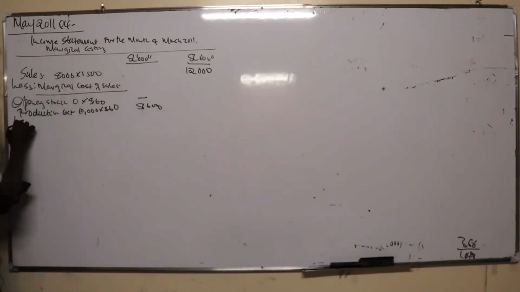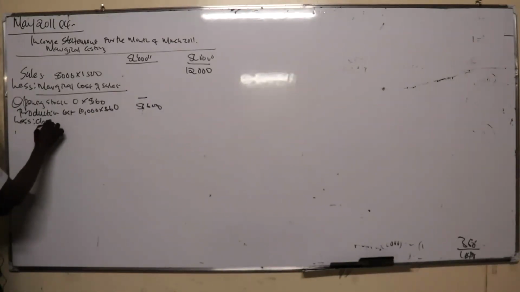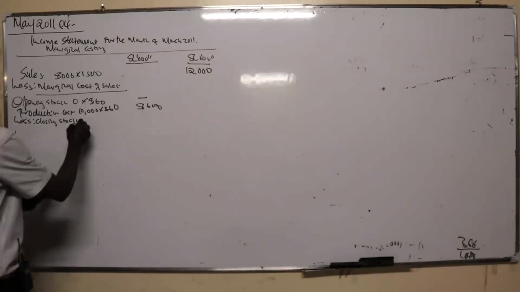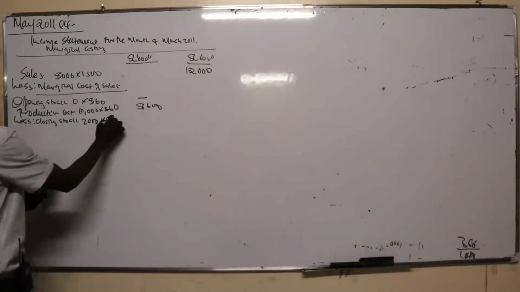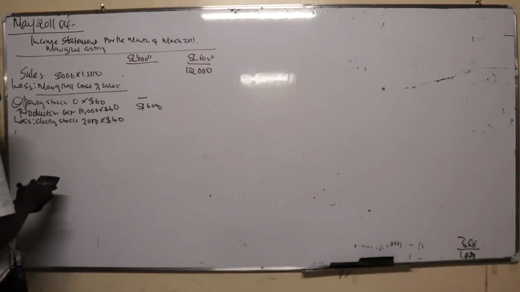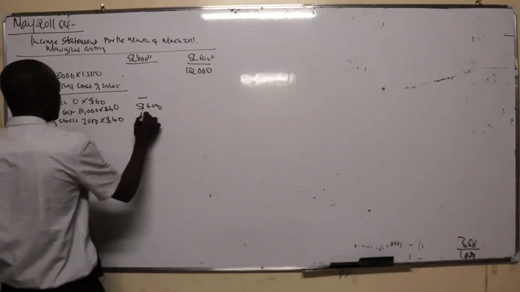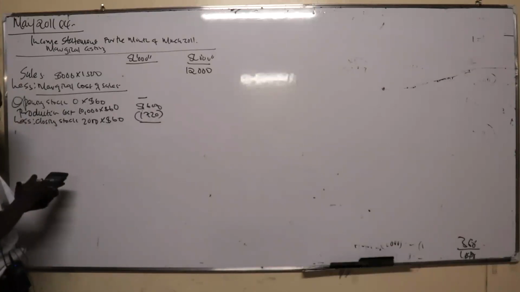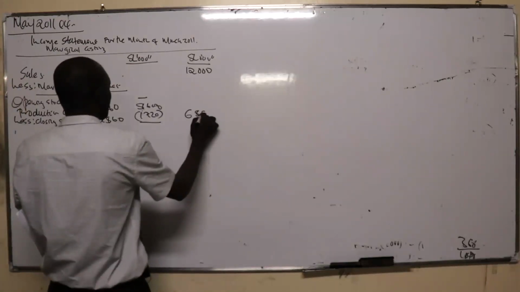And then you less closing stock. Out of the 10,000 produced, 8,000 were sold, so 2,000 units were remaining times 860, so 1,720 is the closing stock. So 8,600 minus 1,720 gives you 6,880.